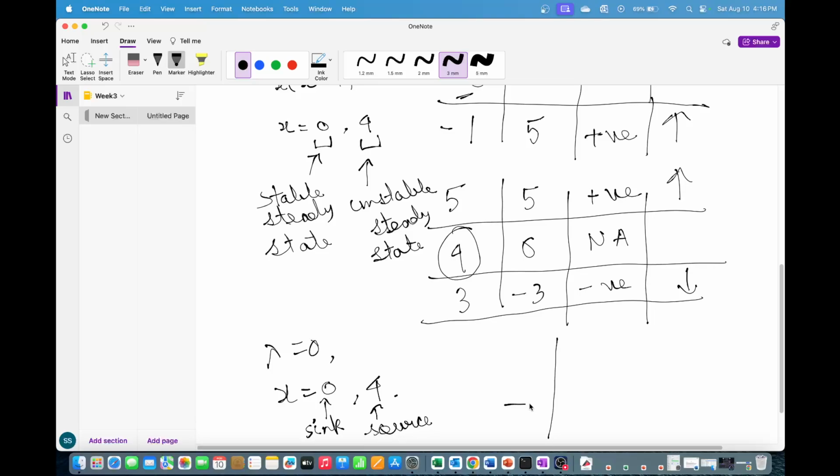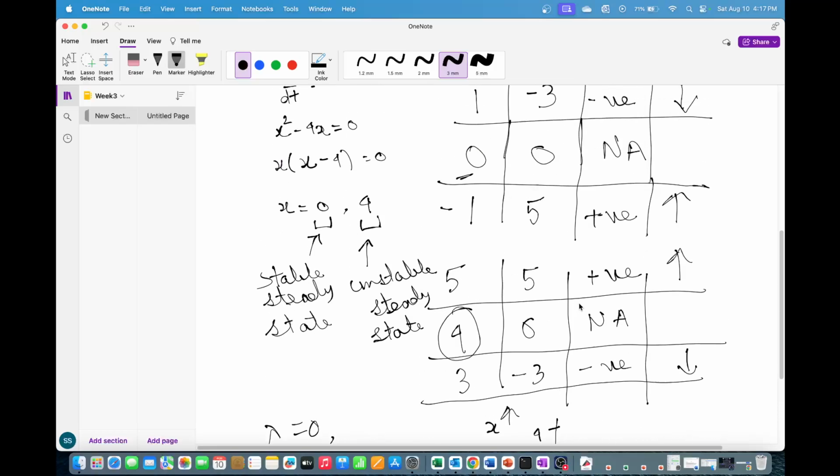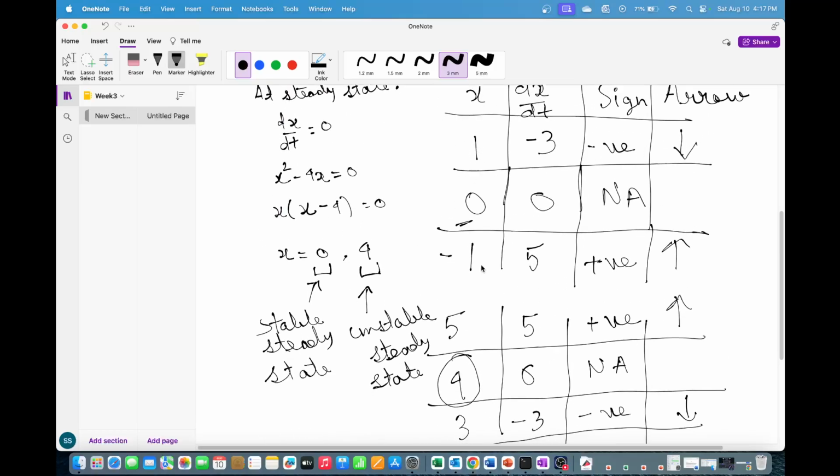So for example, if I am drawing the phase plane x versus t like this, with x equal to 0 and x equal to 4. This is x, this is 4 and this is 0. At 0, all the arrows are converging from both sides, from top and from bottom, from the positive and the negative end.